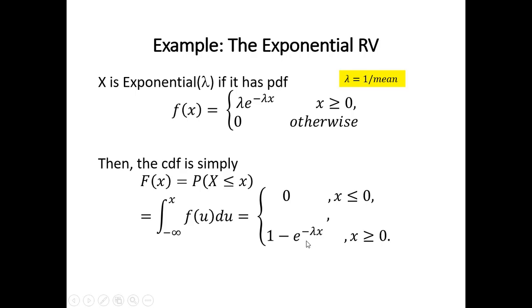So this gives us a nice fast way to find a probability of this form. If we know it's exponential and we know lambda, we don't even need to find the integral if we get comfortable using this CDF. It's another reason why I wanted to look at this, to help you get comfortable using the CDF.